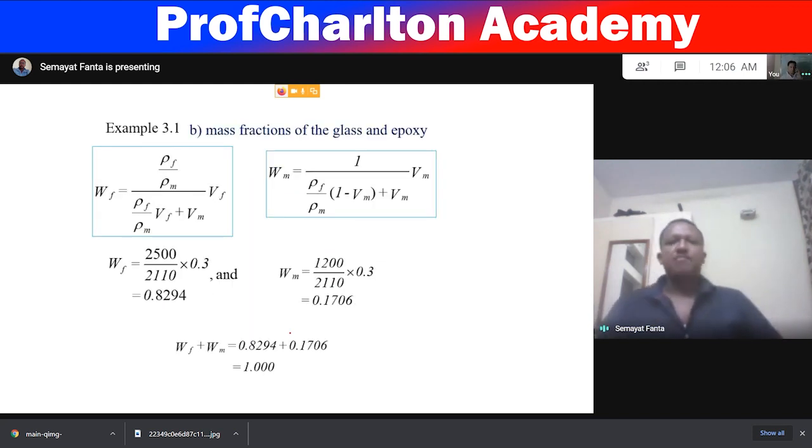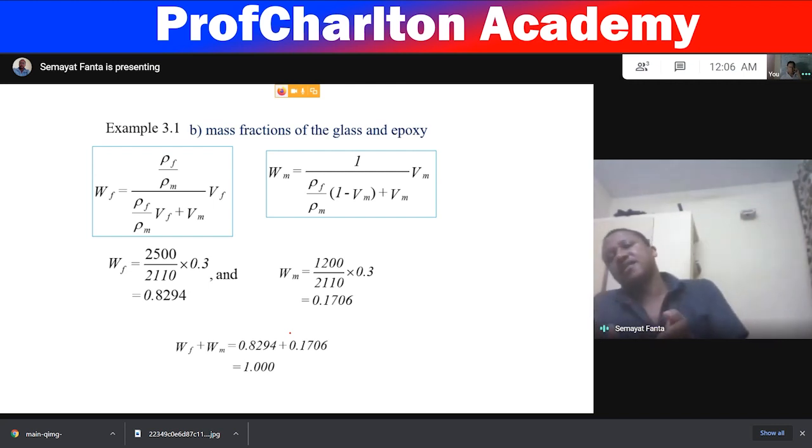The second is the mass fraction of the glass and the epoxy. What is the mass fraction of glass? What is the mass fraction of the epoxy? So the weight of fiber is given in this formula, as we have derived earlier.